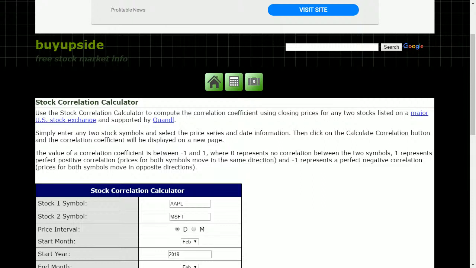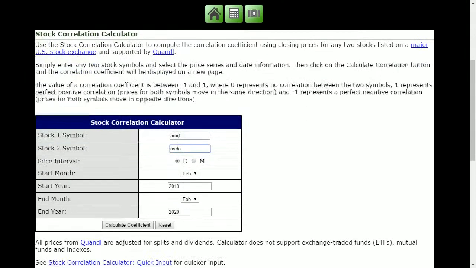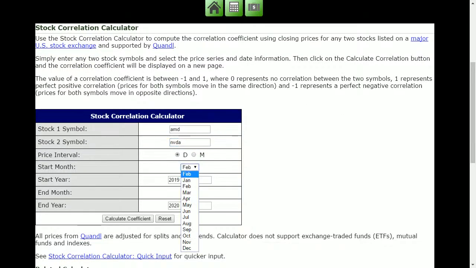So I'll just go over a couple, maybe two that you're familiar with. Let's say AMD and Nvidia. Most people are familiar with them. Maybe they don't realize how closely correlated they are, though. So we'll just go back over the last 6 or 7 months or so, since August through February this year, and see how closely correlated these two are on a day-to-day basis.